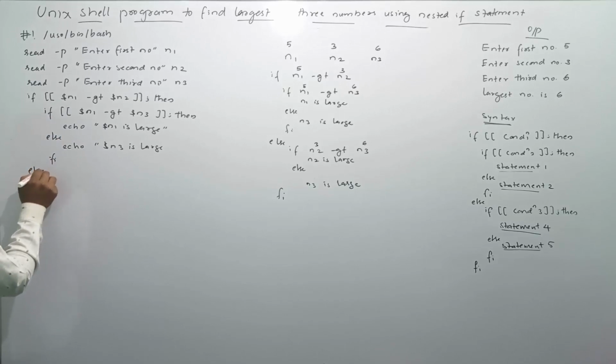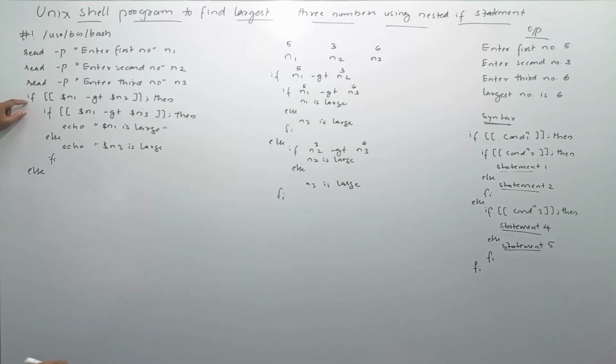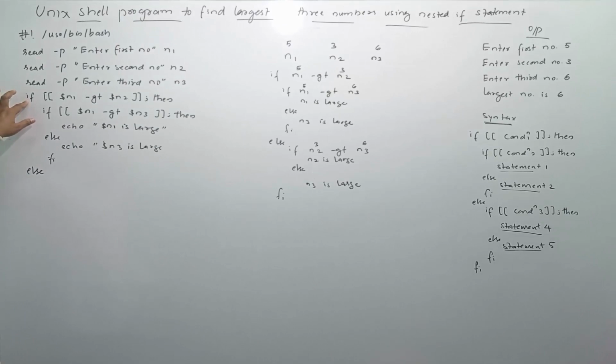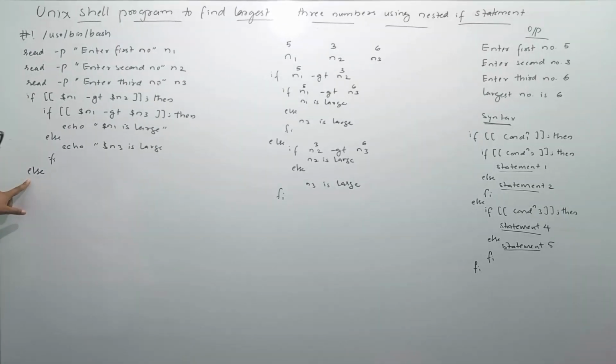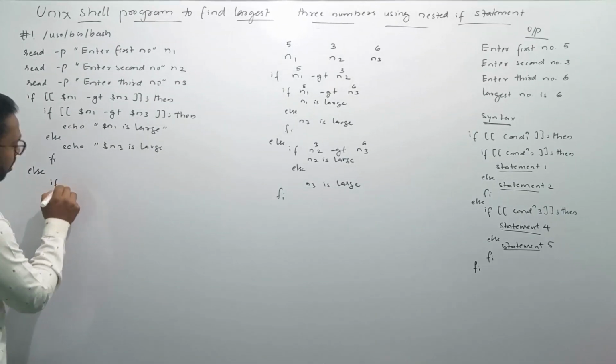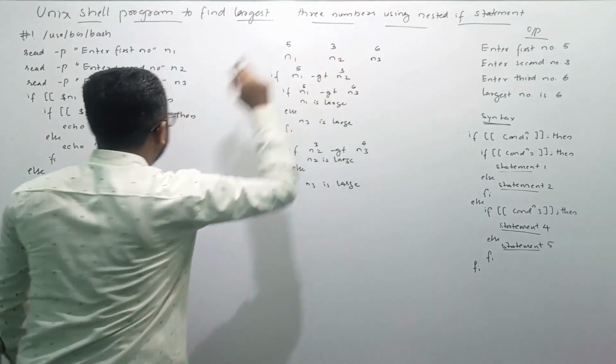Now I will go to else. If this outer if condition becomes false, then control will come to the else block to compare n2 and n3.